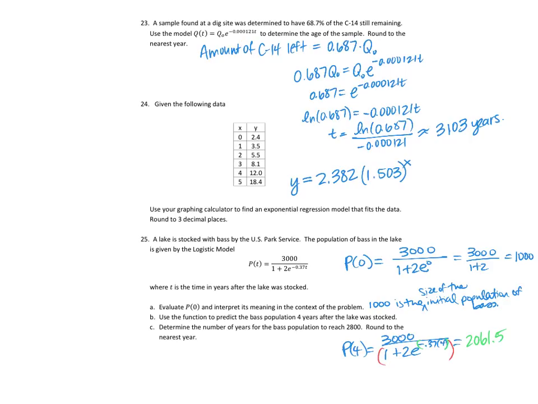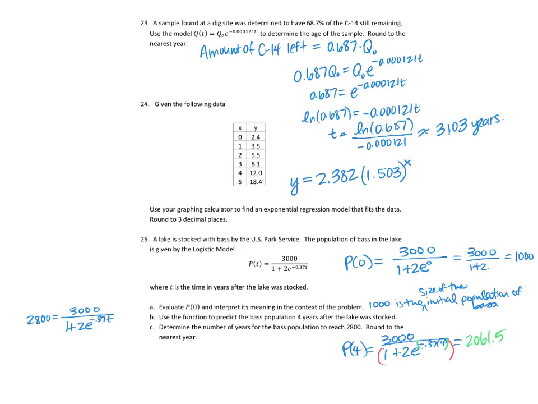Determine the number of years for the bass population to reach 2,800. Round to the nearest year. Okay. So I want to set up an equation where I have 2,800 is equal to 3,000 over 1 plus 2e to the negative 0.37t. Okay, so first I'm going to multiply the whole thing by the denominator on this side.